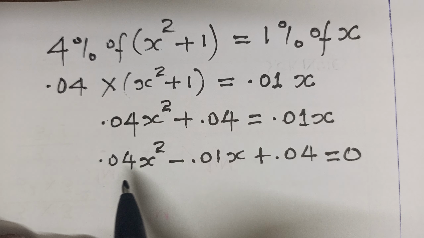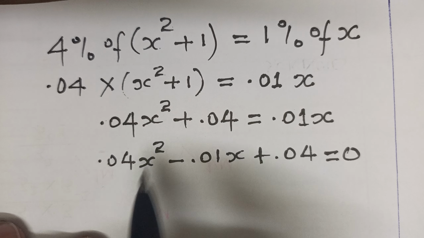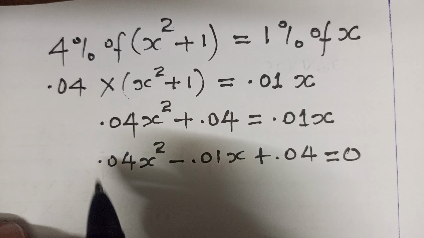With that, I can come and multiply each term by 100. Guys, if I multiply each of the terms by 100, the first is going to be 4 x squared minus 1 x plus 4, this comes to 4.